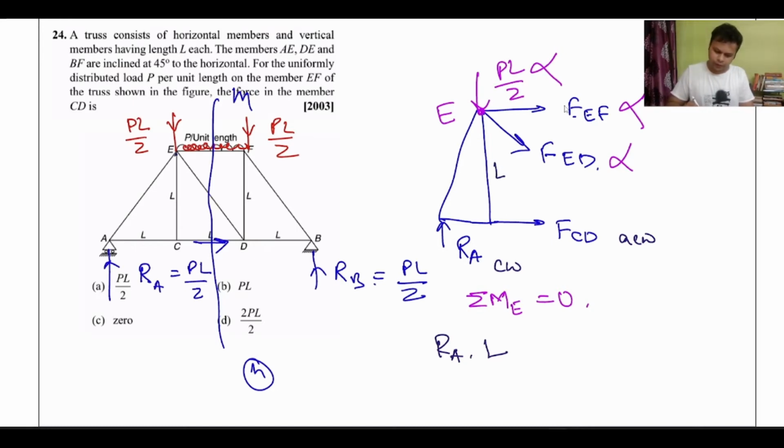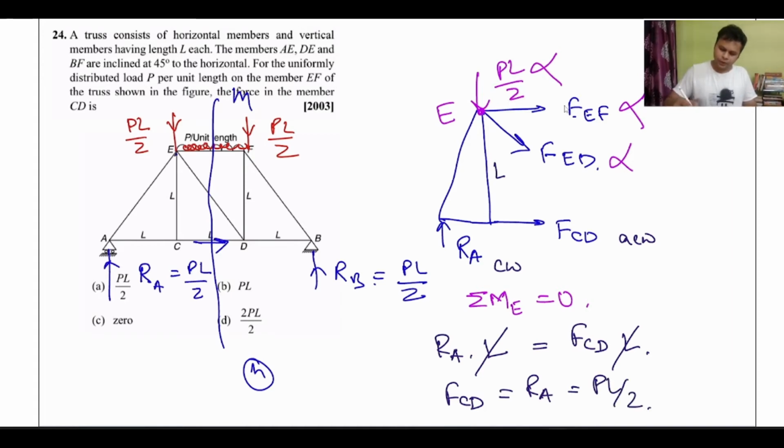From point E, the perpendicular distance to force RA is L. This is equal to FCD, again perpendicular distance L, so we'll cancel out. So what is the force CD? Force CD is equal to reaction at point A, that is equal to PL by 2. Answer is A, PL by 2.